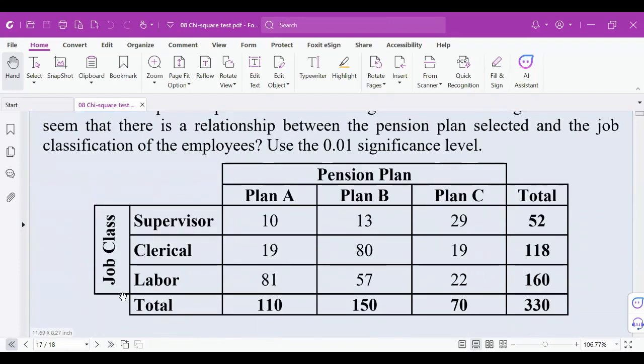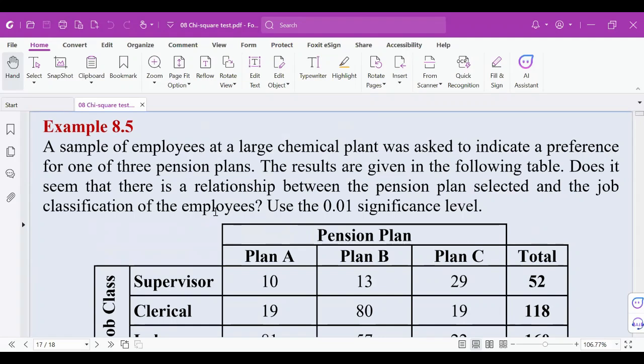The variables are job class and pension plan. Is there a significant correlation between job class and pension plans? It's question 2 for your exercises you're supposed to submit this coming Saturday.